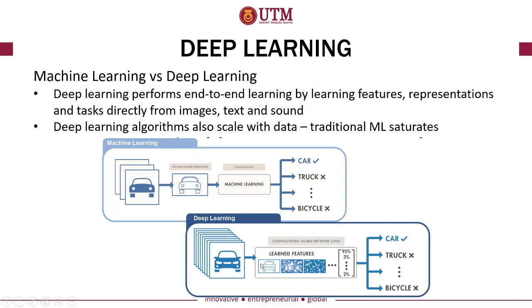Like I said, the philosophy behind it is to let the computer decide what is the best pattern for the computer to learn in recognizing something. So that's why feature extraction and classification are integrated in the same network over here. This is in contrast with the machine learning approach, where you must integrate human crafted features in this module.